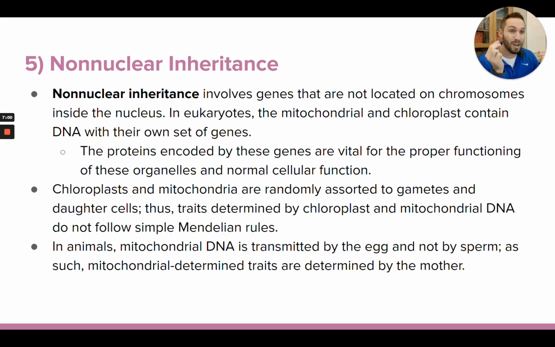But there is DNA that you have that is not part of those 46 chromosomes. If you remember from last semester, we talked about how the chloroplast and the mitochondria are two organelles that have their own set of DNA. There's DNA inside the mitochondria, and there's DNA inside the chloroplast.